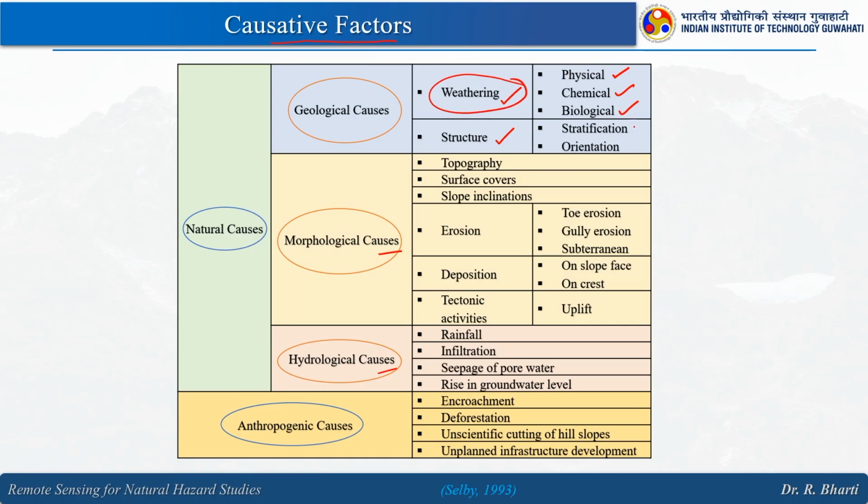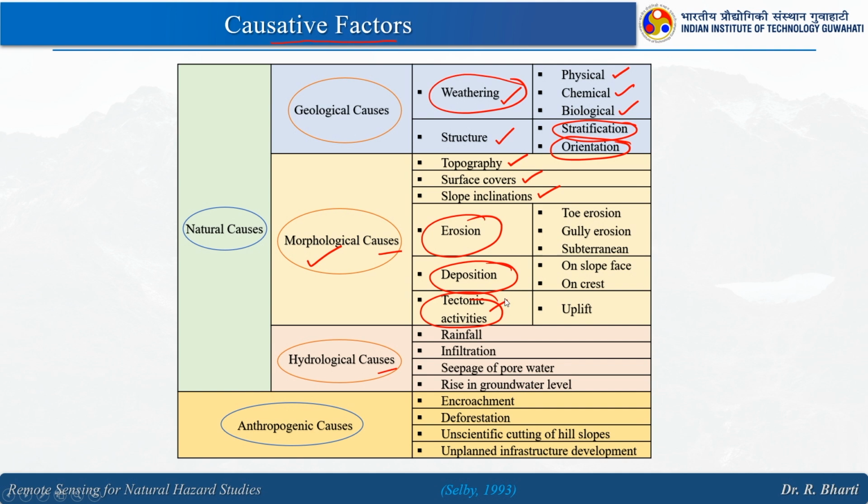Then in the structure you have stratification and orientation. Then when we talk about morphological causes, you have topography, surface covers, slope inclinations as well as erosion, deposition and the tectonic activities. You might have heard about earthquakes.